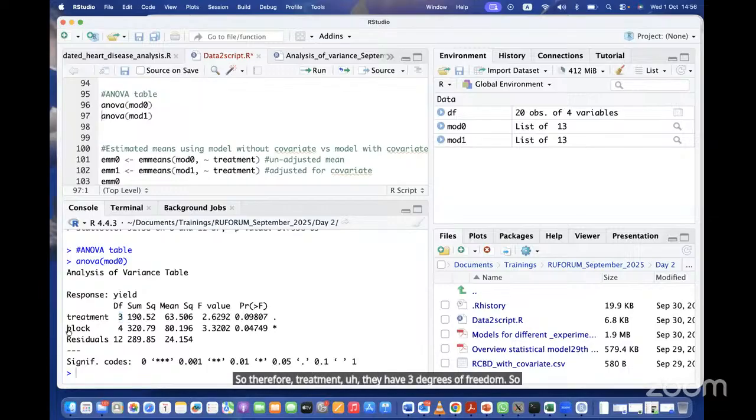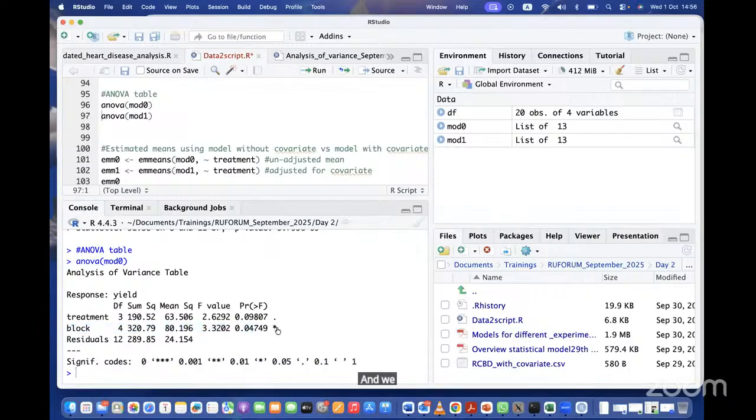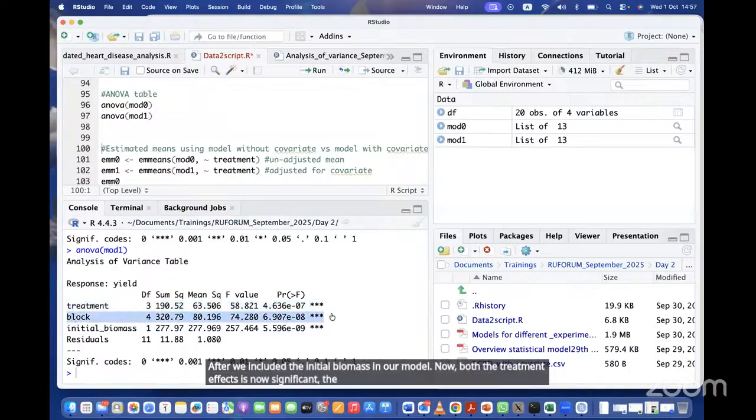So you can see from here, this is our block. And we seem to see that there are some significant differences between the blocks, but there are no significant differences between the treatments if you run your model number 1. Now, that is model 0. If you look at model 1, you can see now that after we included the initial biomass in our model, both the treatment effects and the block effects are now significant.